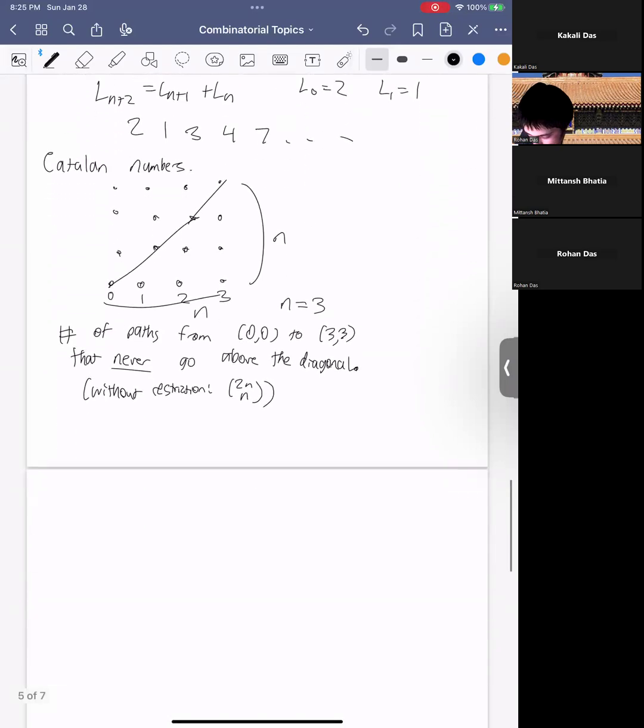So you can consider a path that goes above the diagonal at some point. Let's say it goes up here. We have some path for the rest of the time that goes up from 0, 1 to n. Now flip every up move and right move.